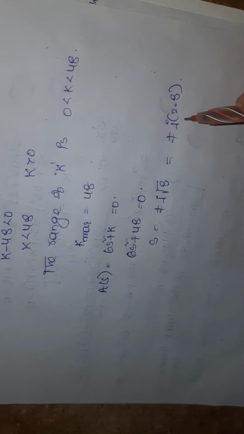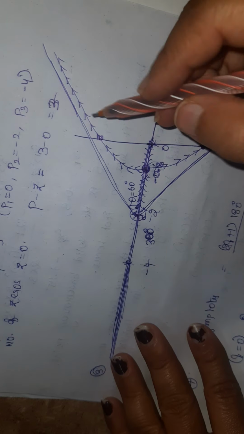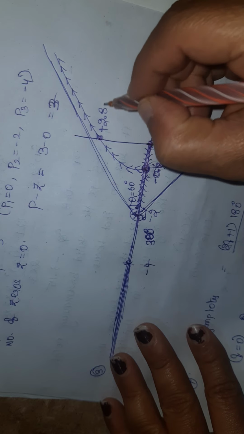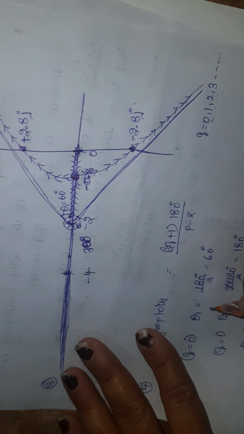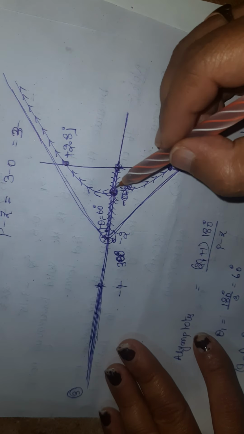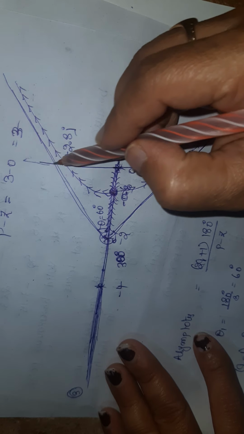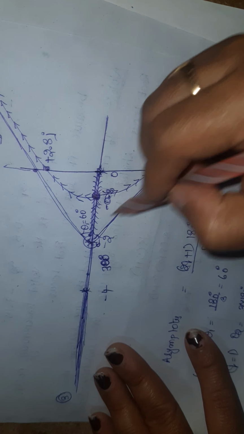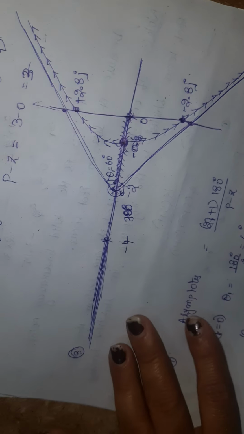So at plus or minus 2.8 j, the root locus is touching the imaginary axis. This is plus 2.8 j and this is minus 2.8 j. Similarly, along with the root locus, the asymptotes are also touching the j omega axis, this branch here and this branch here. So we have to go for another rule.